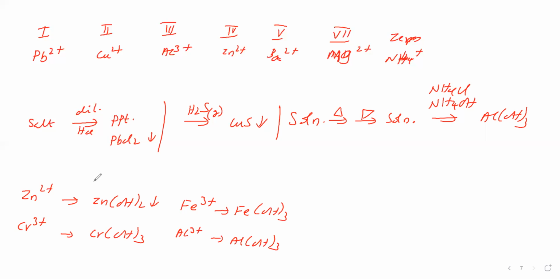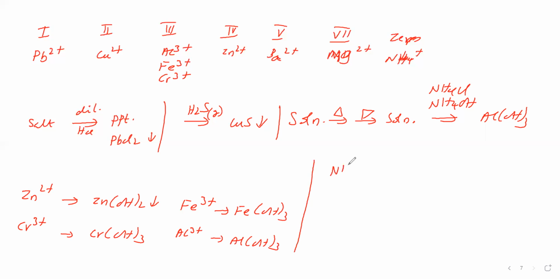We are saying that Fe3+, Al3+ and Cr3+ come under group 3, so they precipitate with ammonia. What about zinc? Zinc comes under group 4 only. If it precipitates in group 3, how should zinc come in group 4? It is placed in group 4 only. So what we have to do, we will see.